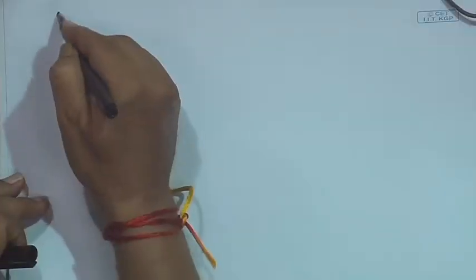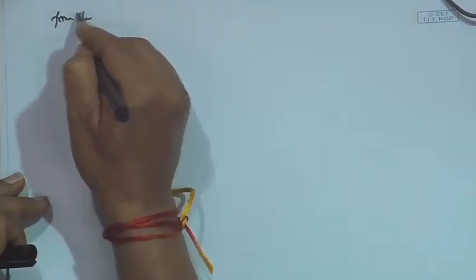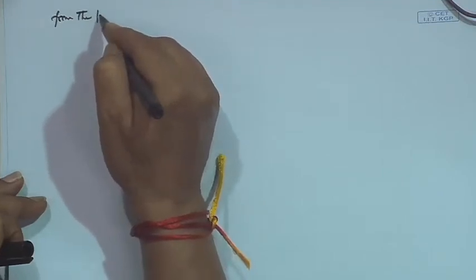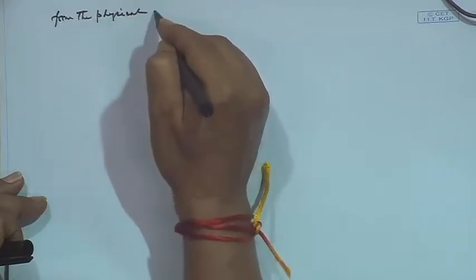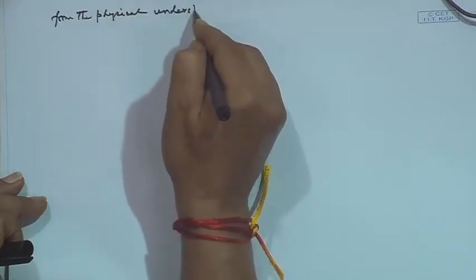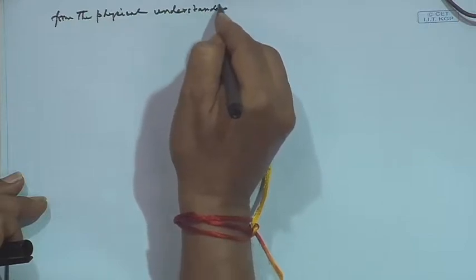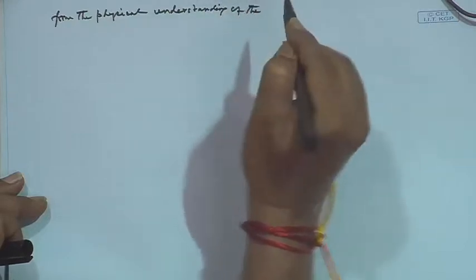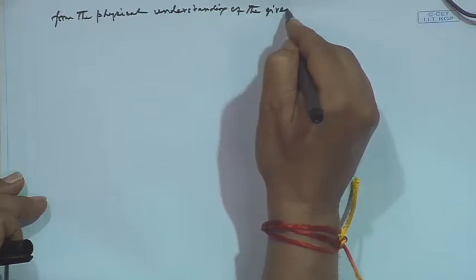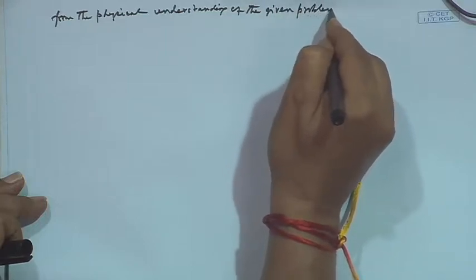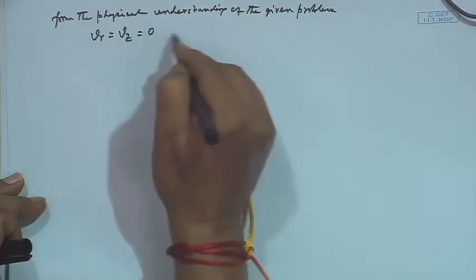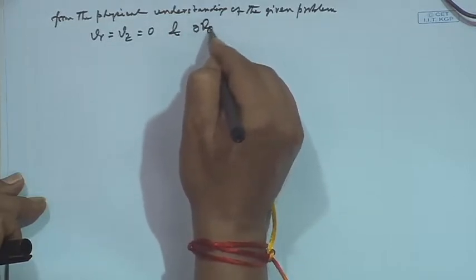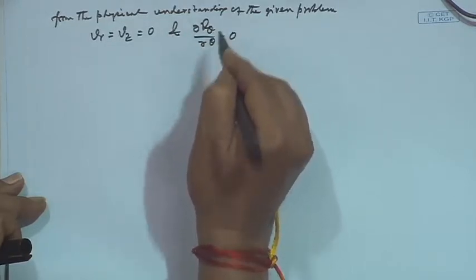So, we can write from the physical understanding of the given problem, V r is equal to V z is equal to 0 and del V theta del theta is equal to 0.